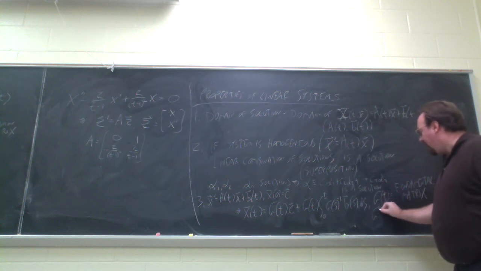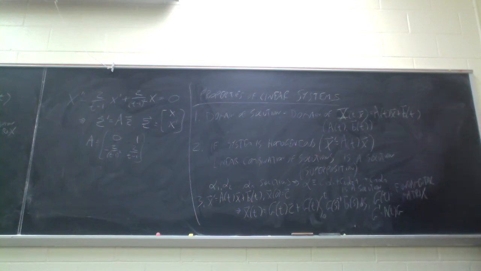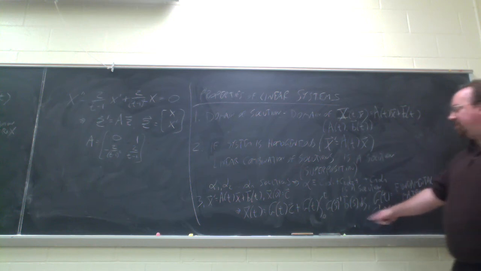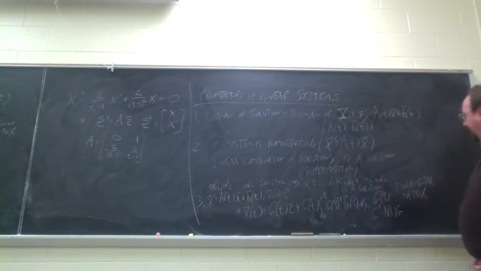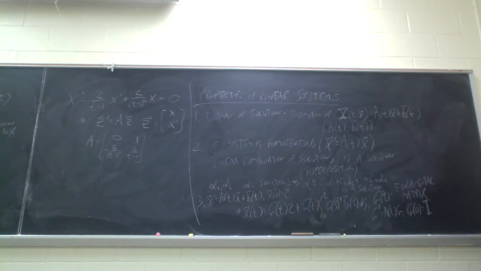So G prime is equal to A of t times G. So it satisfies a homogeneous version of this system, and the initial condition at t equals 0 is equal to the identity matrix.